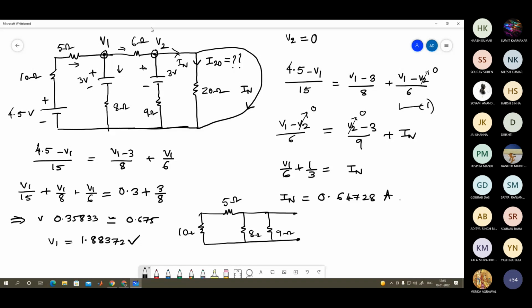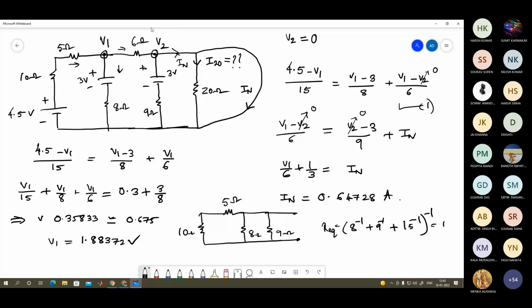So you get 8 inverse, 9 inverse, then 15 inverse, isn't it? Inverse of that is your R equivalent, and that is equal to Rn. And if you solve it, your Rn, I don't know whether I have calculated it, turns out to be approximately 5 ohm.